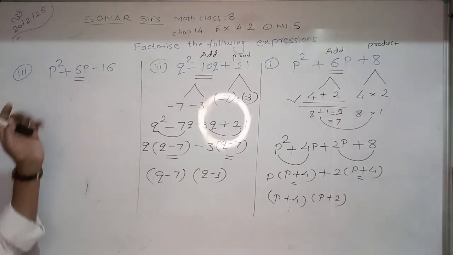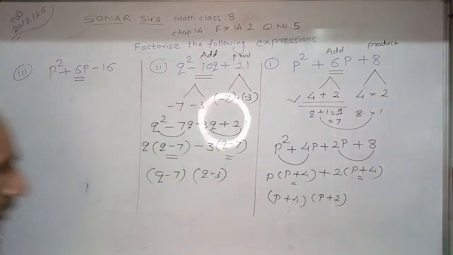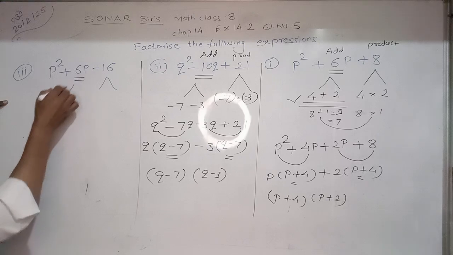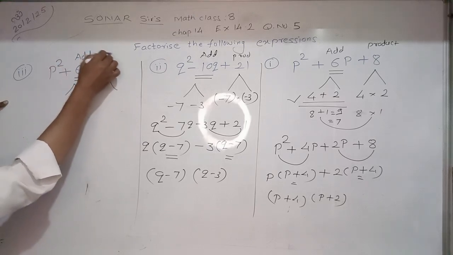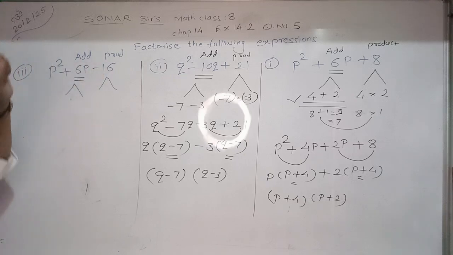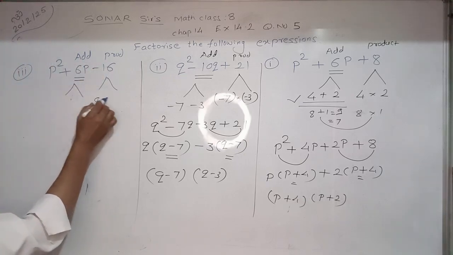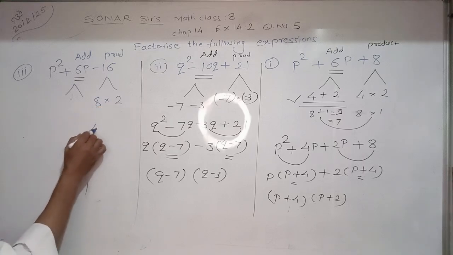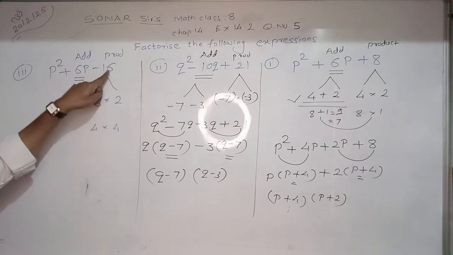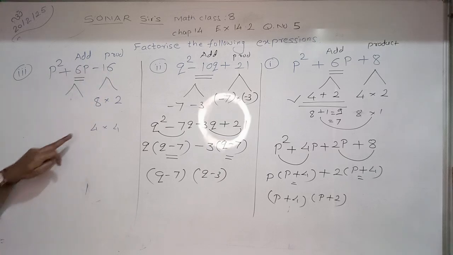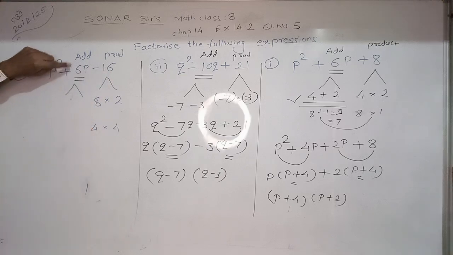Let's discuss the last sub question, of the product form. Again, the addition we want is plus 6 and the product we want is minus 16. Now there are many numbers. Suppose 8 twos are 16, 4 fours are 16. If we take 4 and 4, 4 fours are 16, but 4 plus 4, the addition will become 8. We want 6.